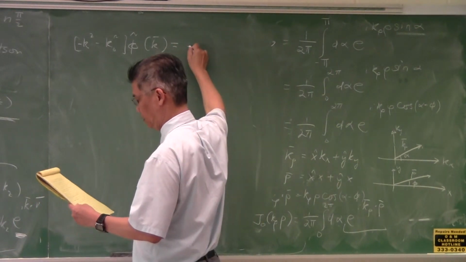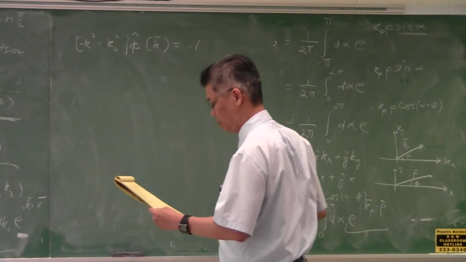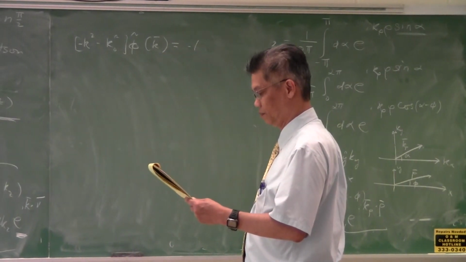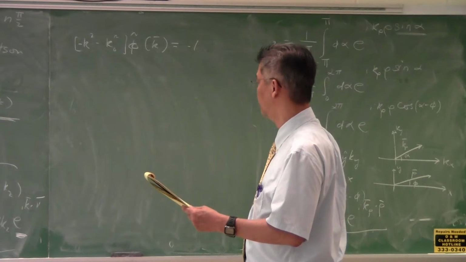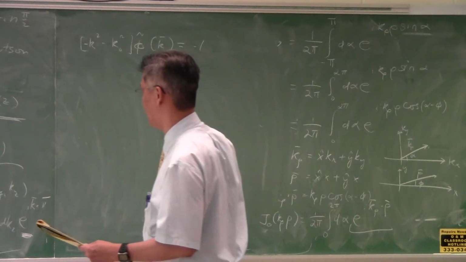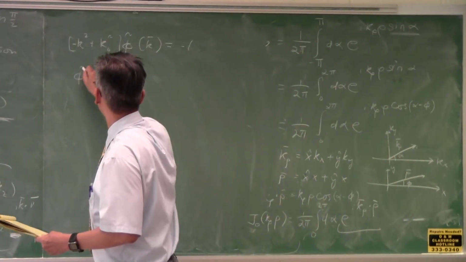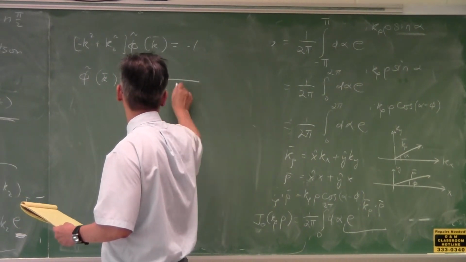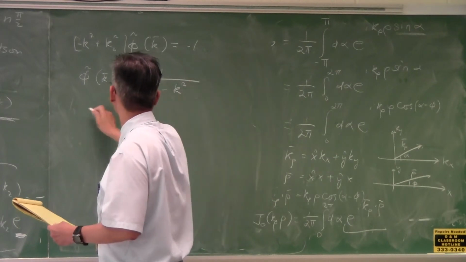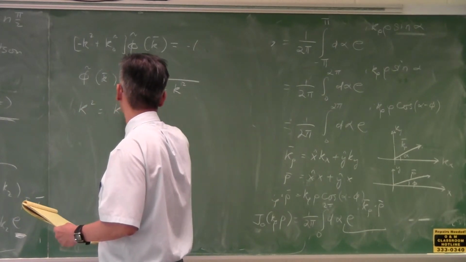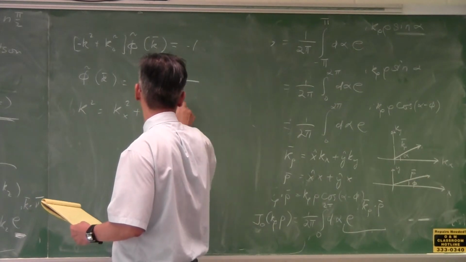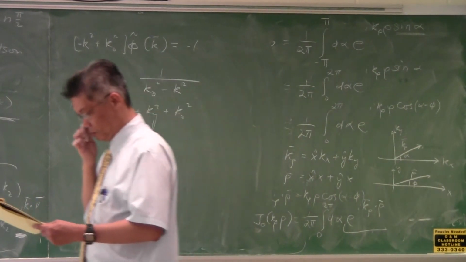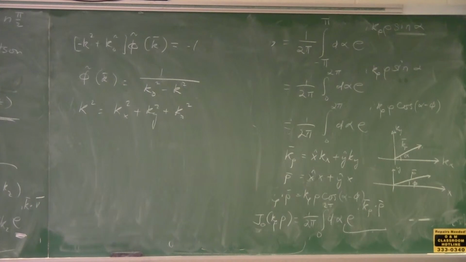Minus 1, right? Yeah, minus 1. This should be plus. So I have phi tilde of k is equal to 1 over k0 squared minus k squared, where k squared is kx squared plus ky squared plus kz squared. And then I have a solution that I have obtained two ways.